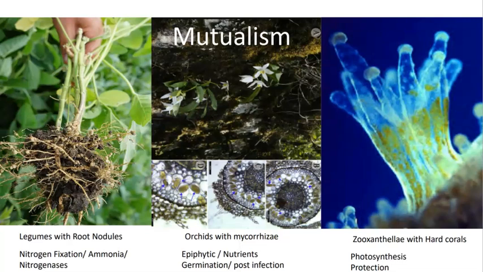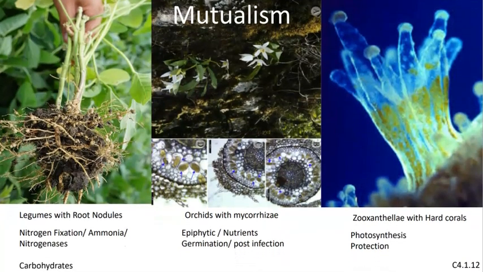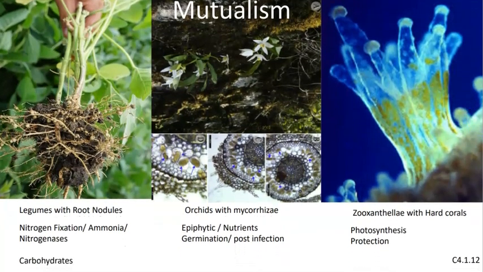Let's look at mutualism in 3 examples. The first one is that of the legumes with root nodules.